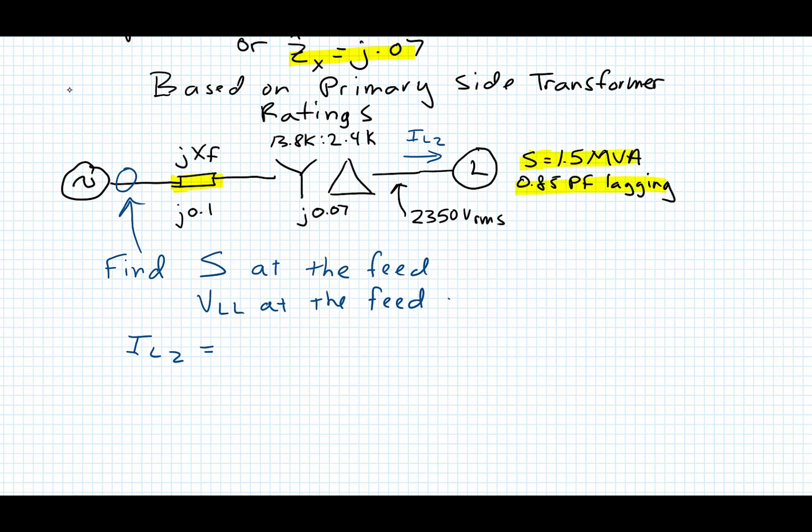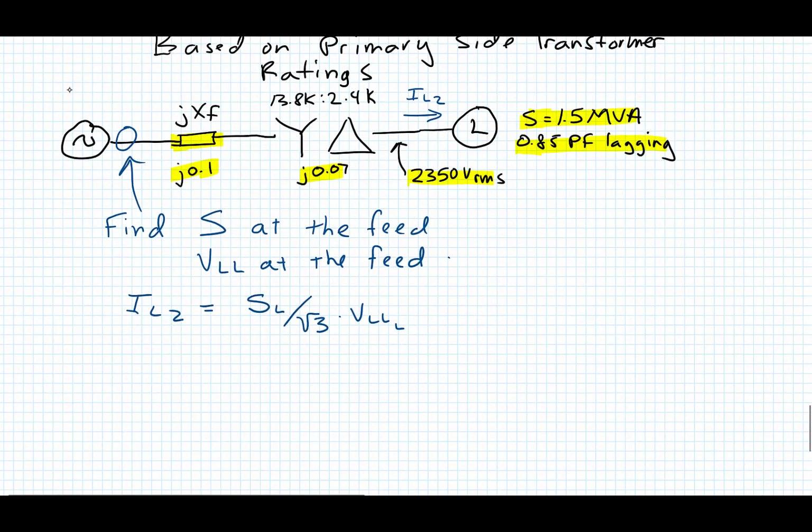Okay. So now we'll find the load current. So it's going to be equal to the S at the load divided by square root of 3 times V line to line at the load. That's equal to 1.5 e to the 6 divided by square root of 3 times 2350. And so we get 368.5 amps.